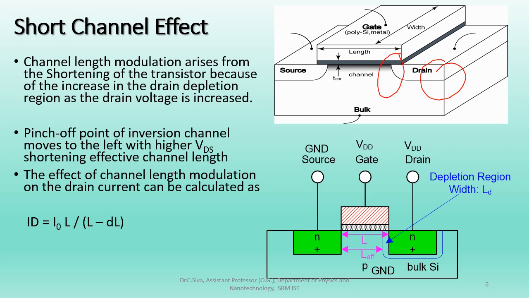Traditional long channel models no longer accurately describe this behavior. Traditional long channel models are for the micron sized devices that we have used so far. But once we come down to the nanoscale, these are all the major problems.